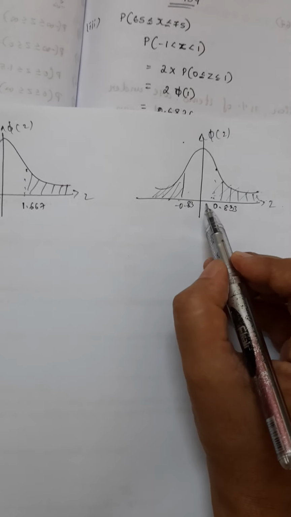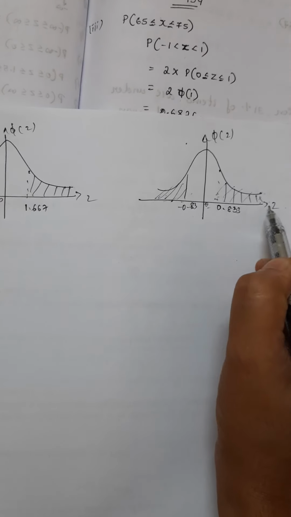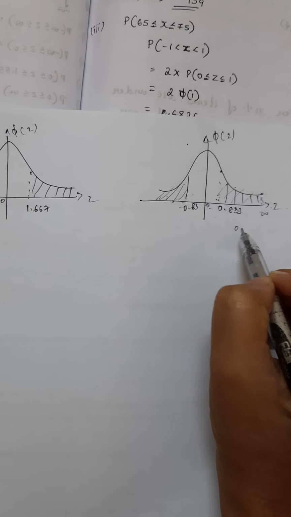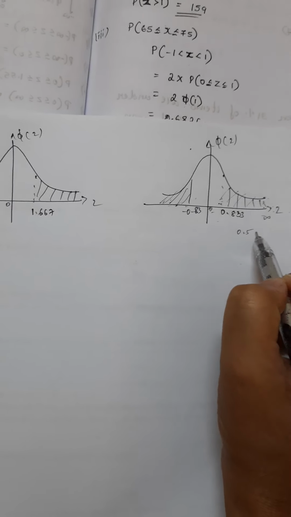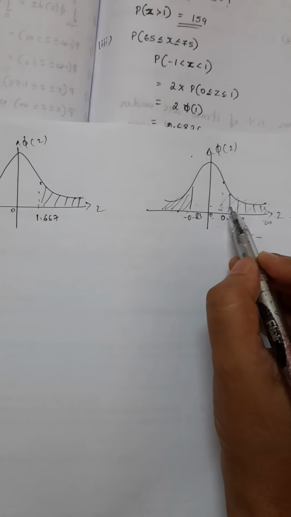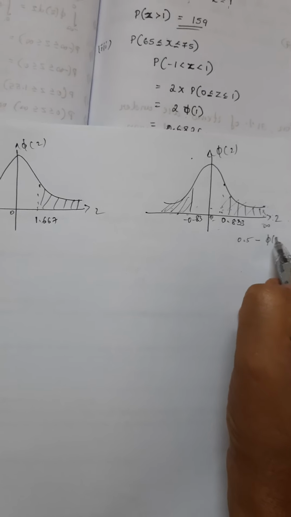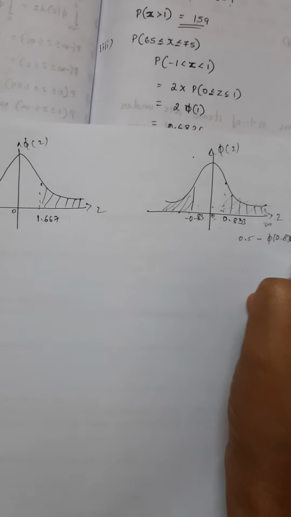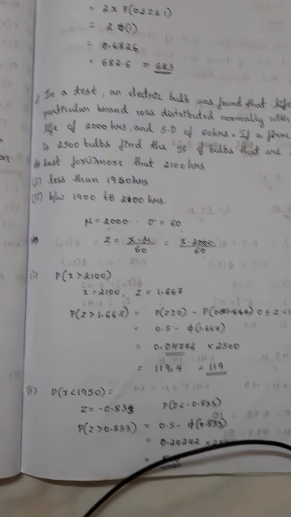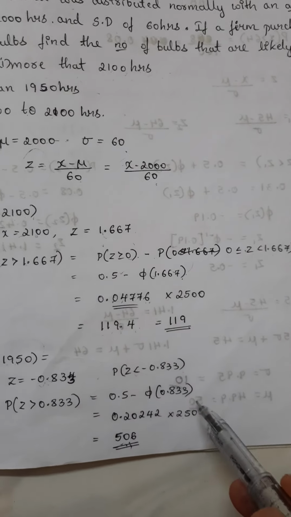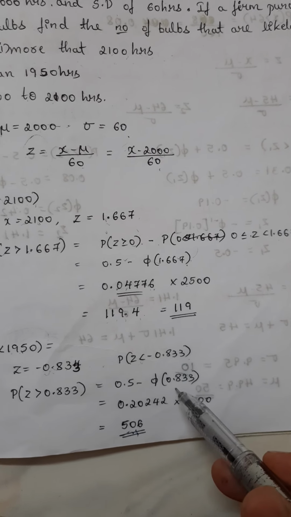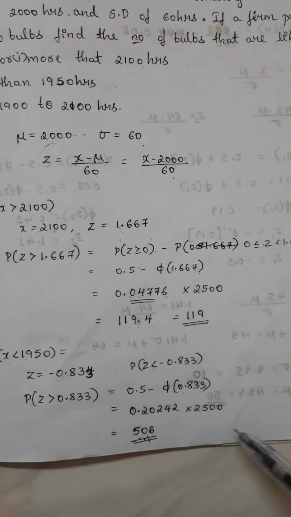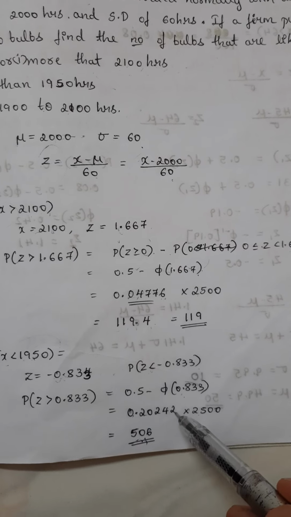So to calculate this, I'll calculate from 0 to infinity. From 0 to infinity my value will be 0.5 minus, I'll subtract from 0 to 0.833, that is phi of 0.833. So 0.5 minus phi of 0.833, this value will be calculated in the normal distribution table and the result will be 0.20242.